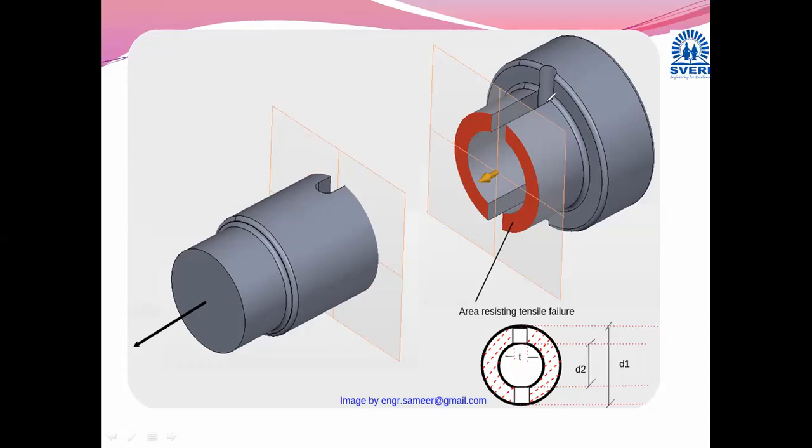That's why it will be weaker here, right? So if it is going to sustain the externally applied load P, then definitely this solid part and this solid collar part are able to sustain this externally applied pull P.